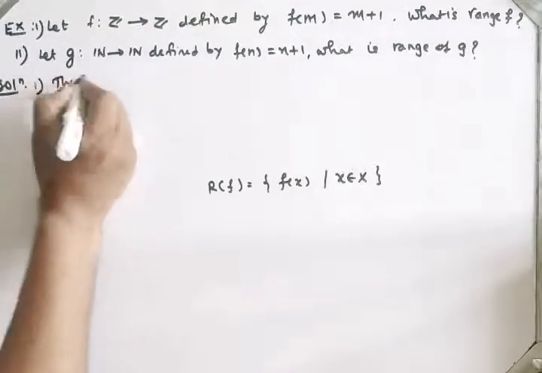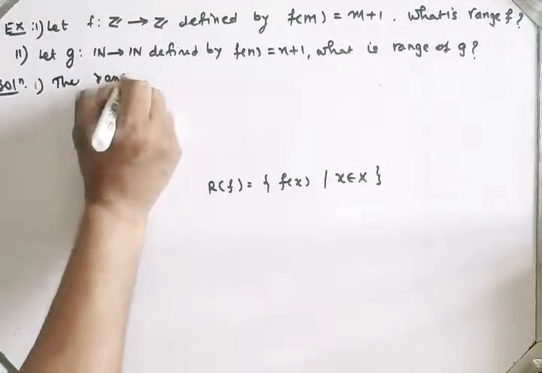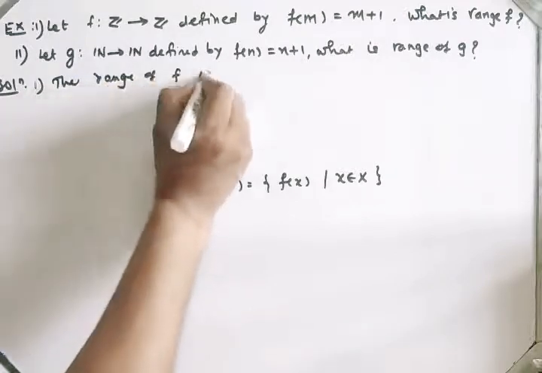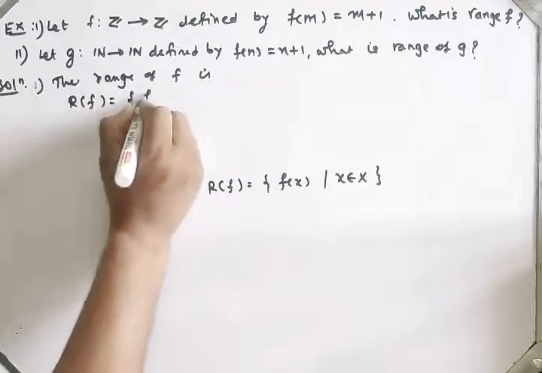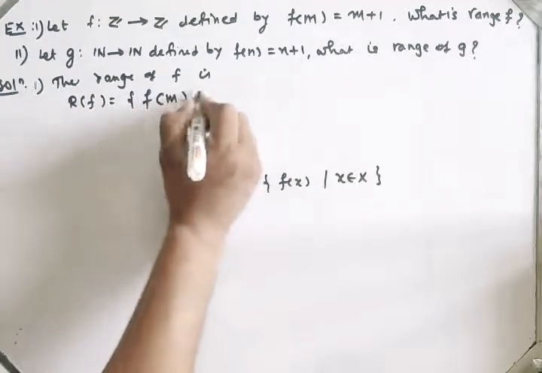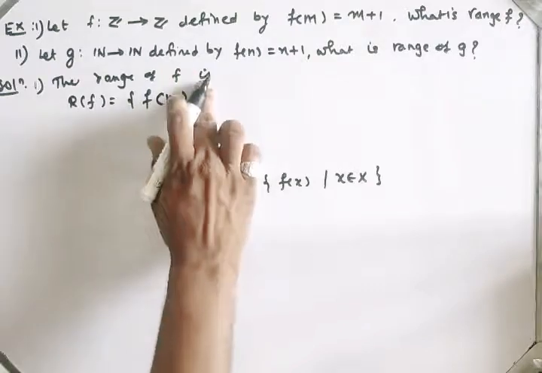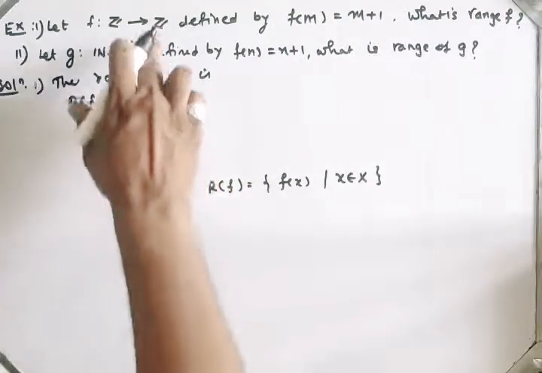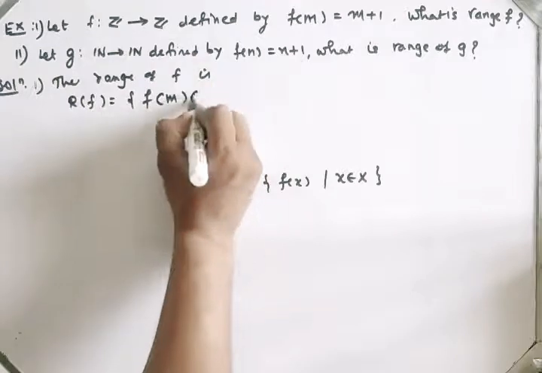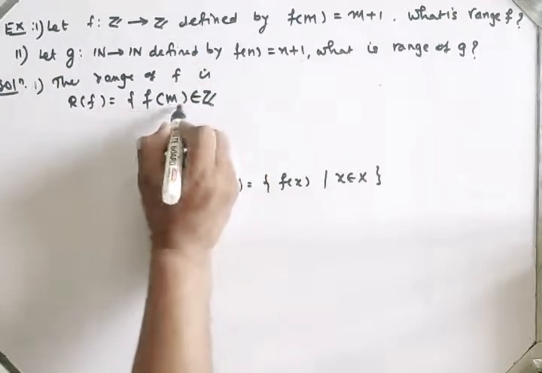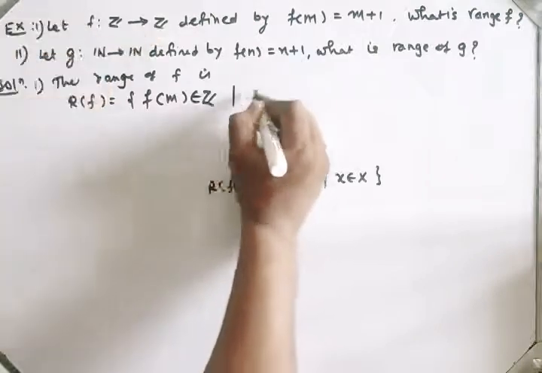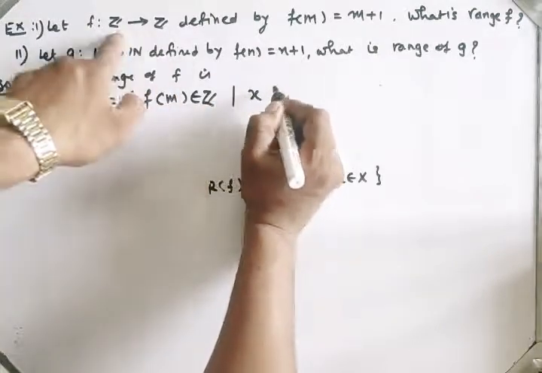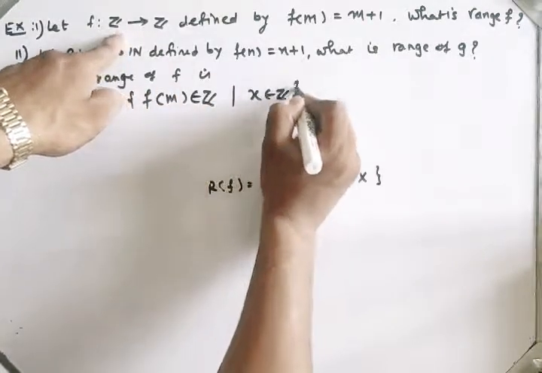The range of f is the set of all f of m such that m belongs to the set of integers, and f of m belongs to the set of integers because it is in the codomain.